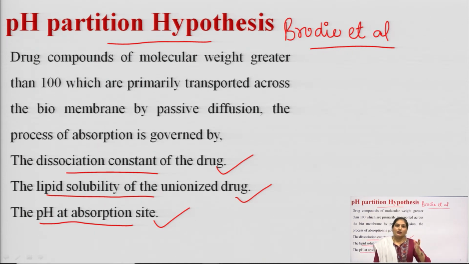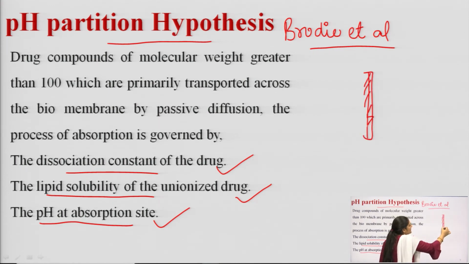Suppose this is the biological membrane, this is side A and this is B. The pH on these two sides is different.